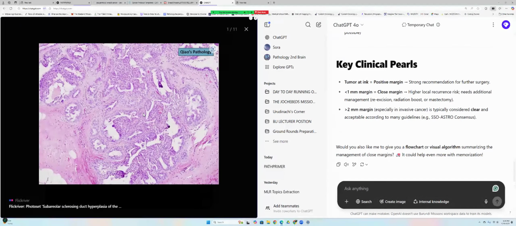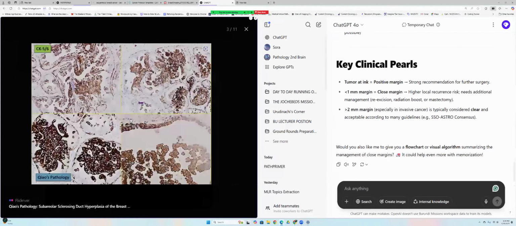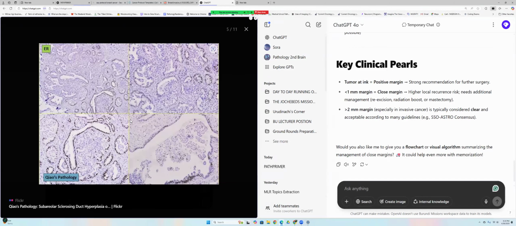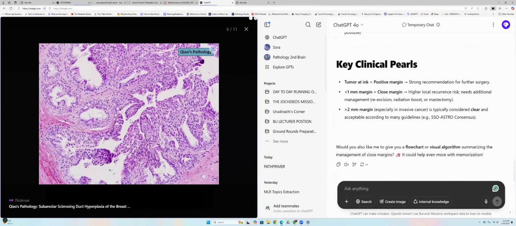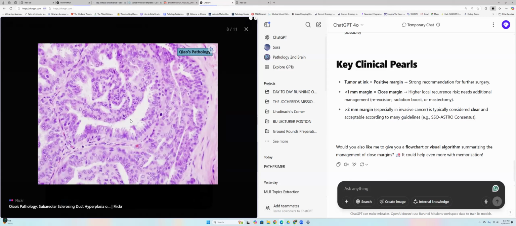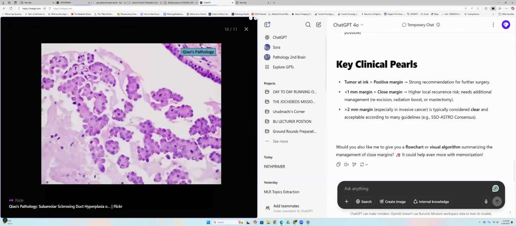It has papillary structures, but also ducts probably. So I think it resembles it. IHC will not help us. Actually, one is deep-seated under the areola, another one is close to the skin epithelium. Subareolar sclerosing duct hyperplasia, SSDH, is a close differential of it.